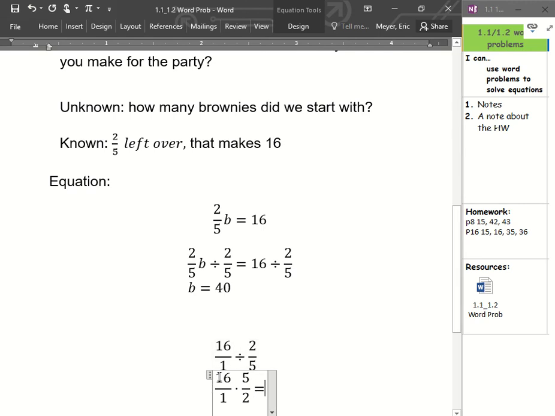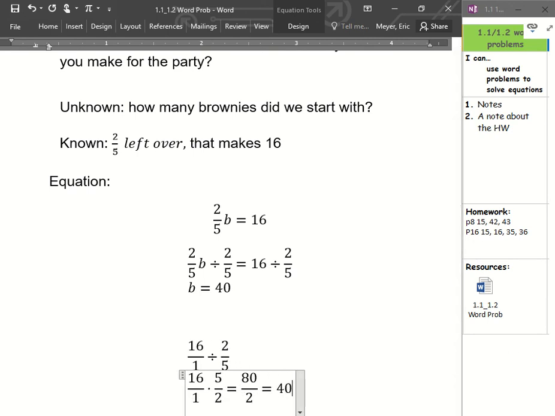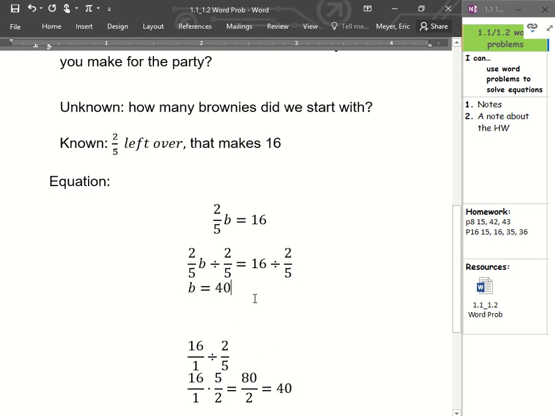Whenever we're multiplying fractions, we just multiply across. 16 times 5 is 80. 1 times 2 is 2. 80 divided by 2 is 40. So we get the same answer both ways. We should feel very confident doing both of those. And this was 40 brownies.